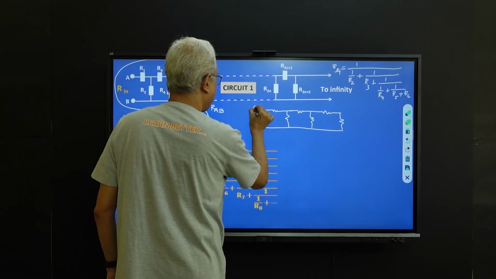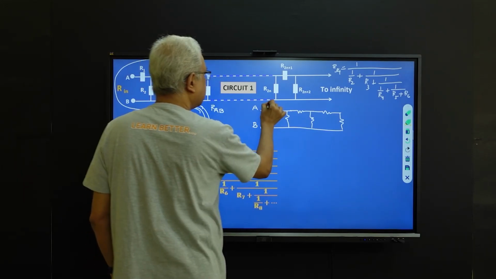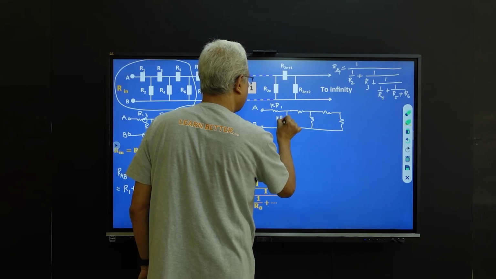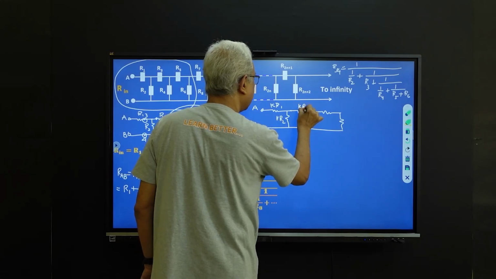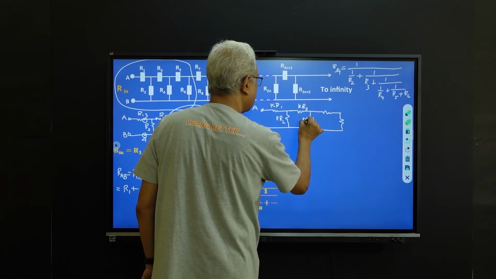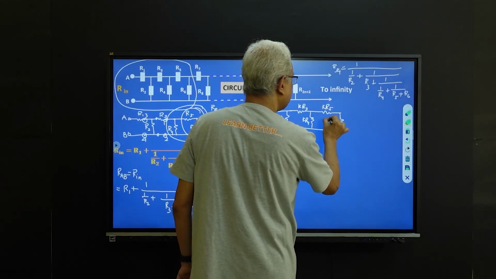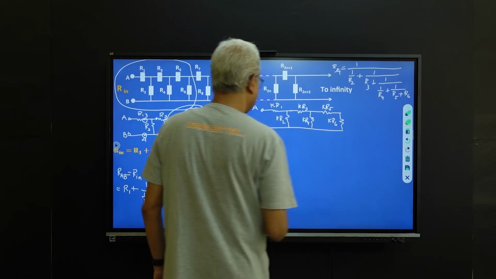Here these are the A and B points. This is K times R1, this is K times R2, this is K times R3, this is K times R4, K times R5, and K times R6.